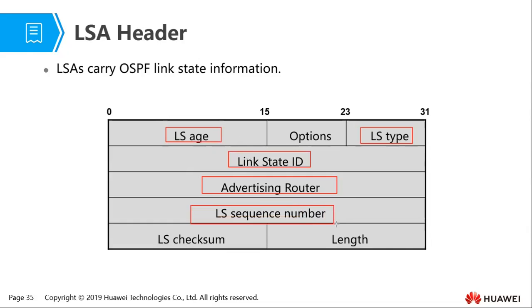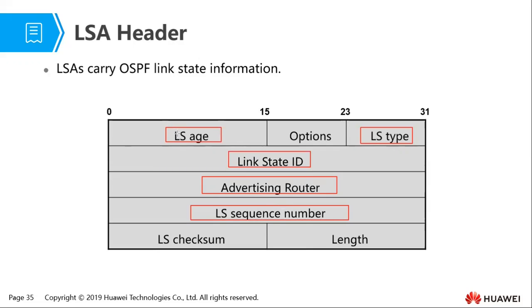Then the sequence number is just a number that is used to uniquely identify that LSA. In particular, it's also used to avoid duplicate LSAs and also to detect old link state advertisements. The link state sequence number can be used to detect old ones, because if you have a lower number, it means it was produced earlier.